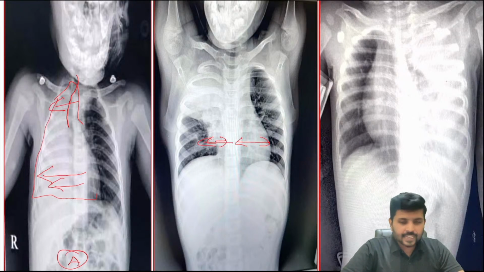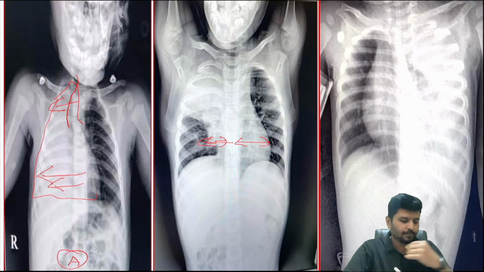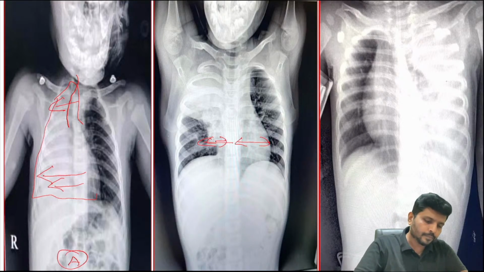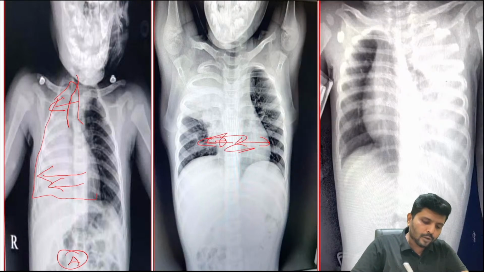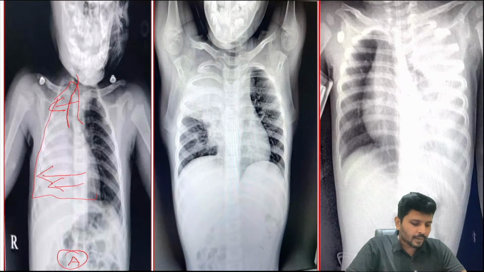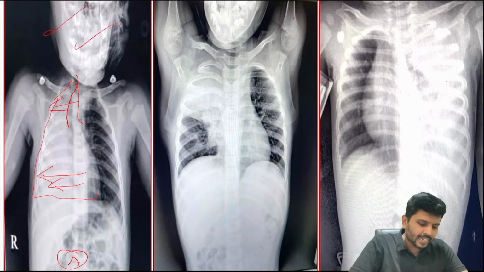Here both the trachea as well as the mediastinum are pulled to the same side, then it is called collapse involving both upper and lower lobe. Then look at this, the second X-ray.